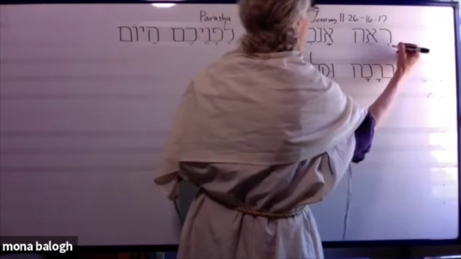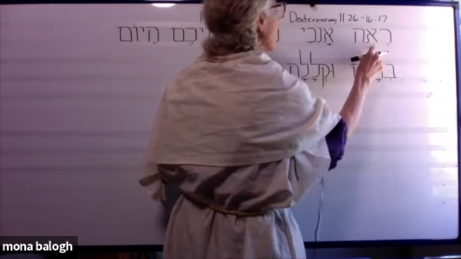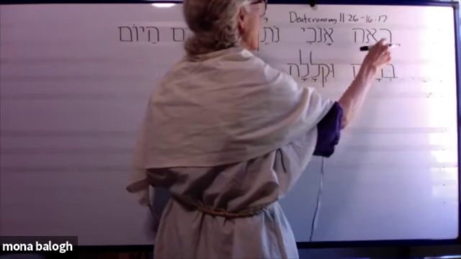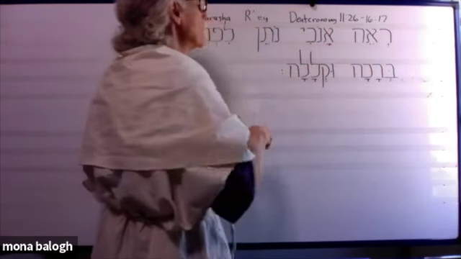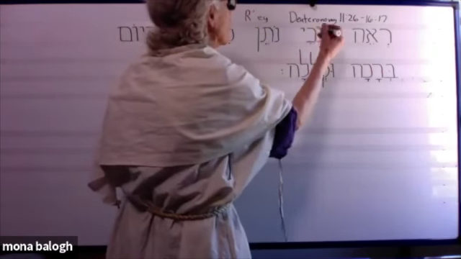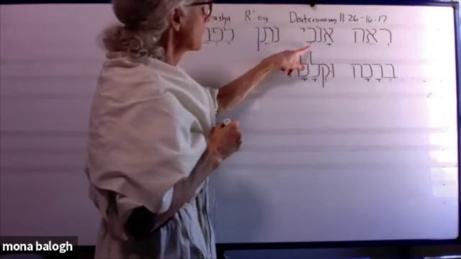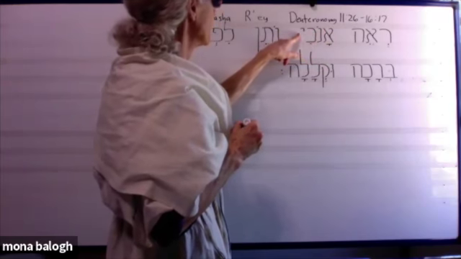Re is Resh, Shva, Aleph, Tzerei, Hey, R'ey, okay, R'ey. Aleph, Kamatz, Nun, Cholam, Chaf, Hirek, Yud, Anochi.